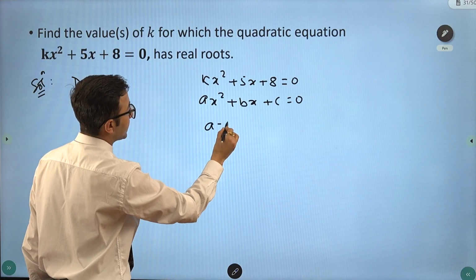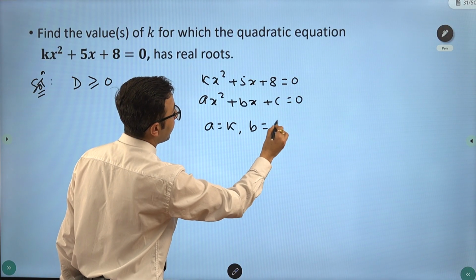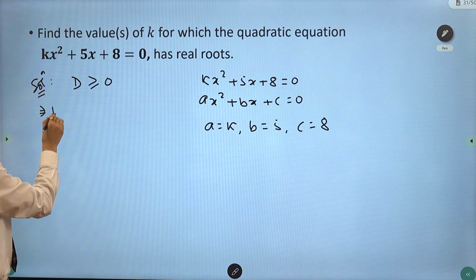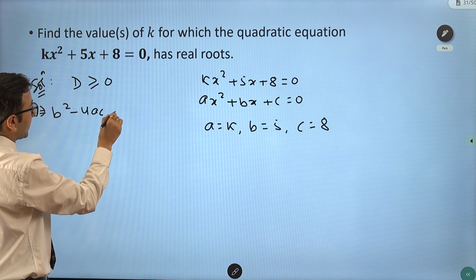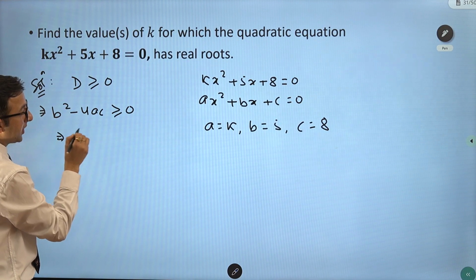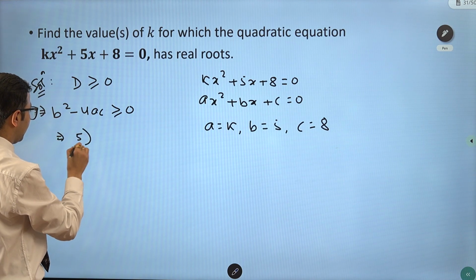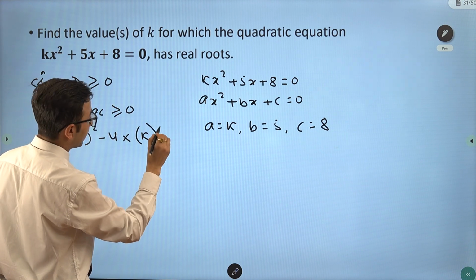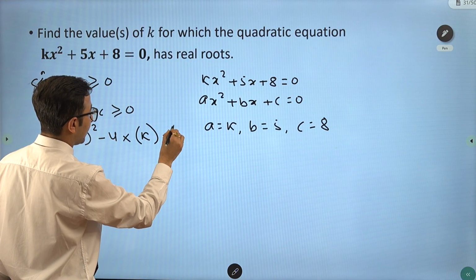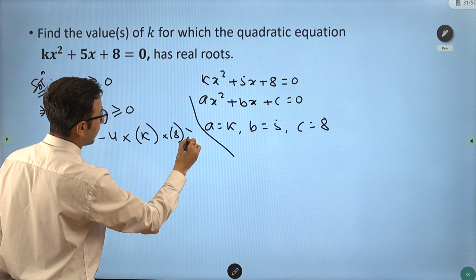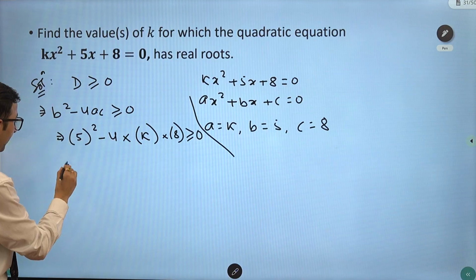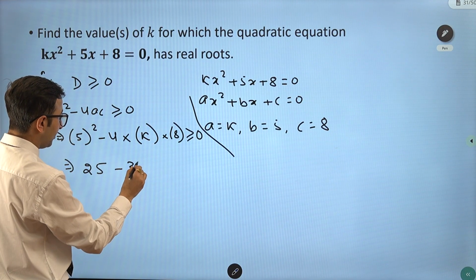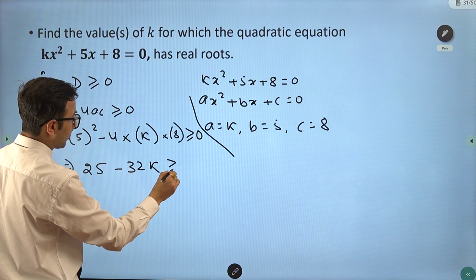Here in place of a is k, in place of b is 5, in place of c is 8. So here the discriminant is b square minus 4ac, which is greater or equals to 0. In place of b, 5 square minus 4 into k into 8, which is greater or equals to 0, which implies 5 5s are 25 minus 8 4s are 32k is greater or equals to 0.